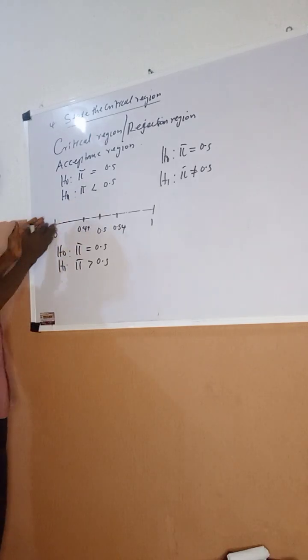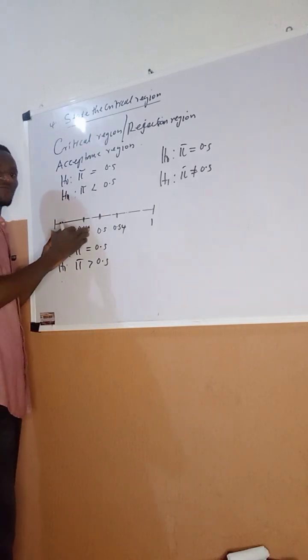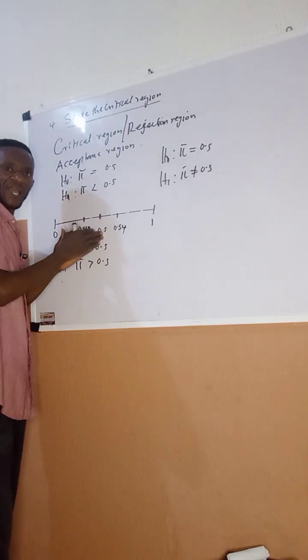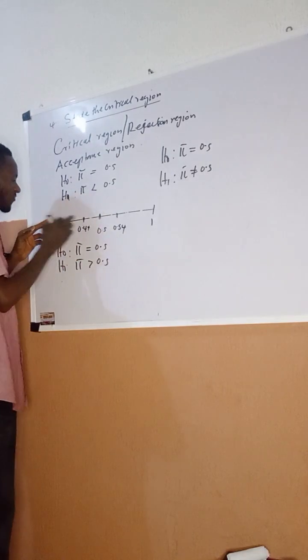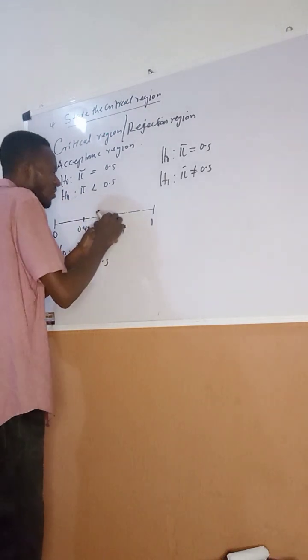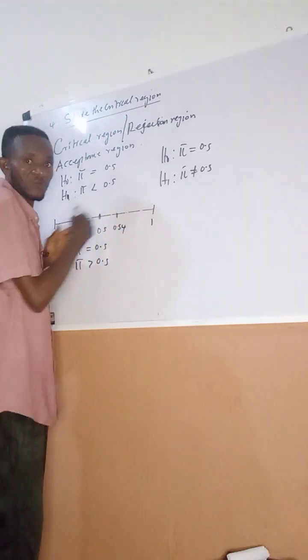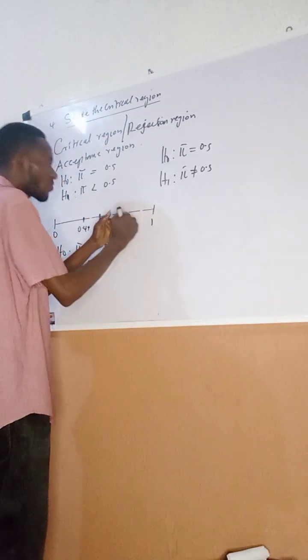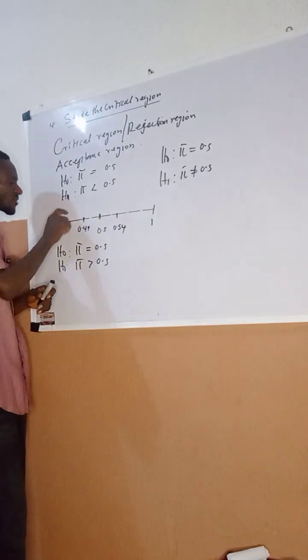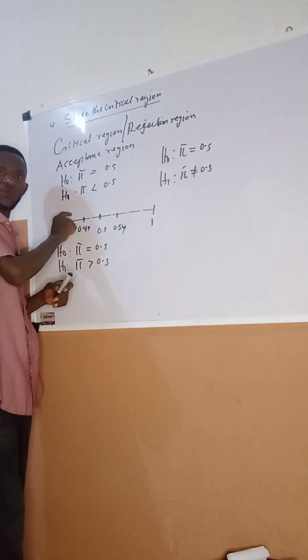But any value that falls between 0 and 0.44 are values that you consider being far away from this 0.5. And in that case, from here to here is looked at as what we call the critical region. And this value from here to here are equally far away from 0.5, and then this place equally becomes a critical region. So when the value of the test statistic falls here, you reject the null hypothesis.